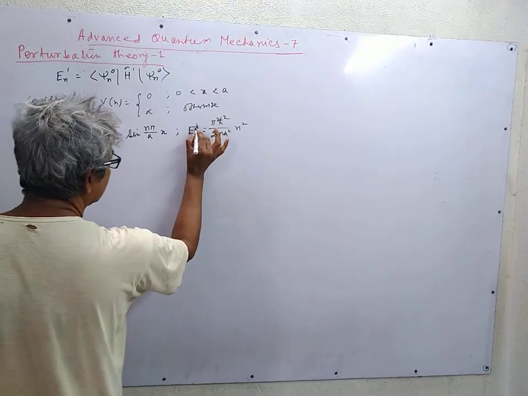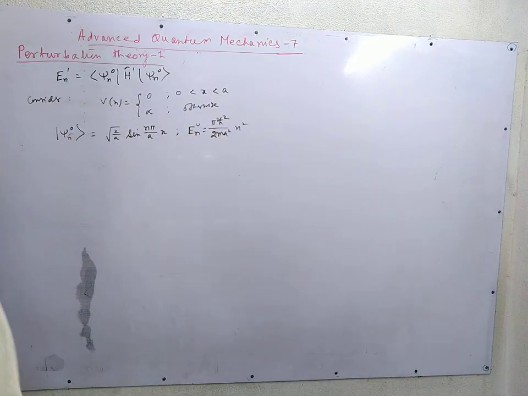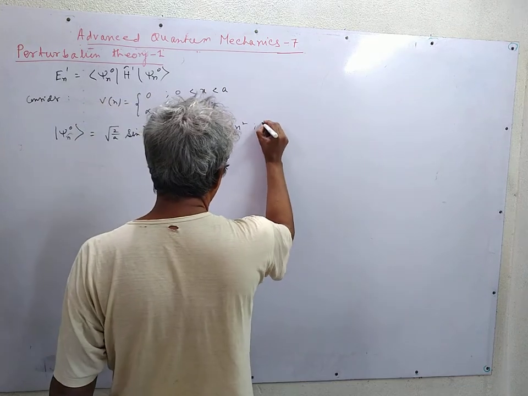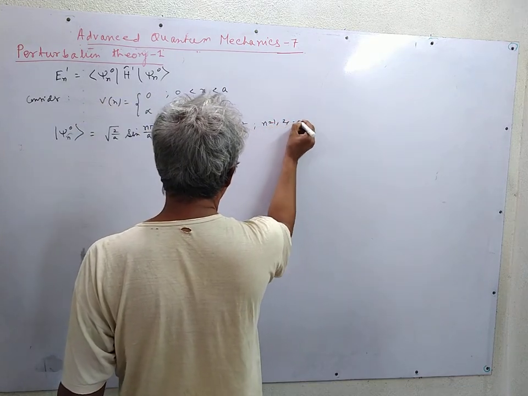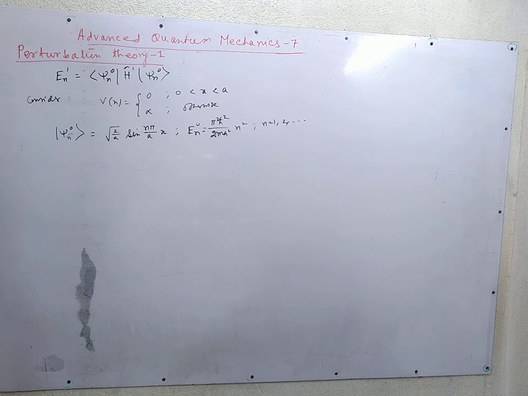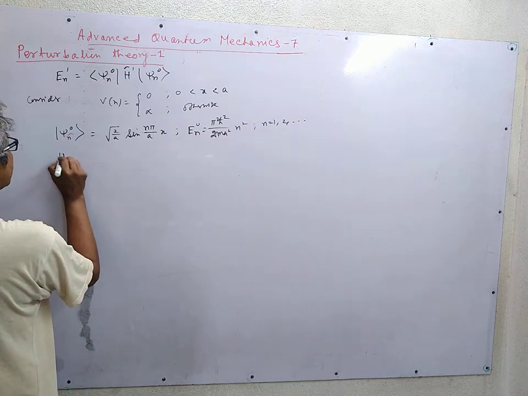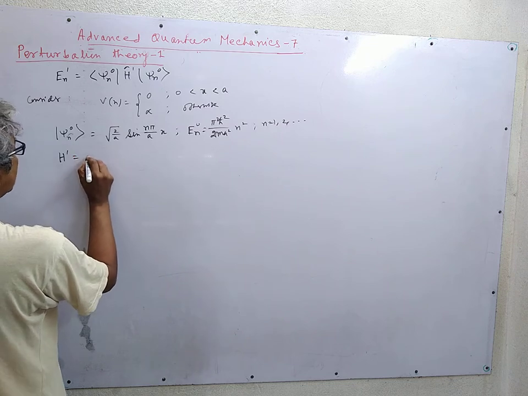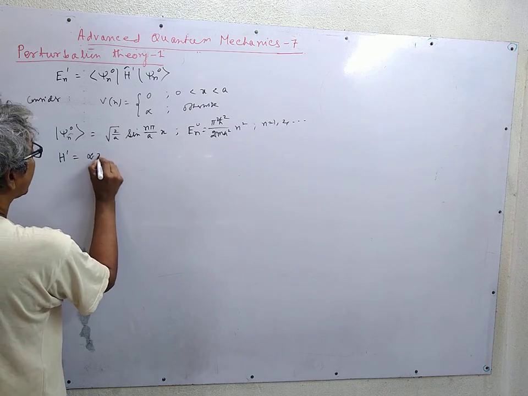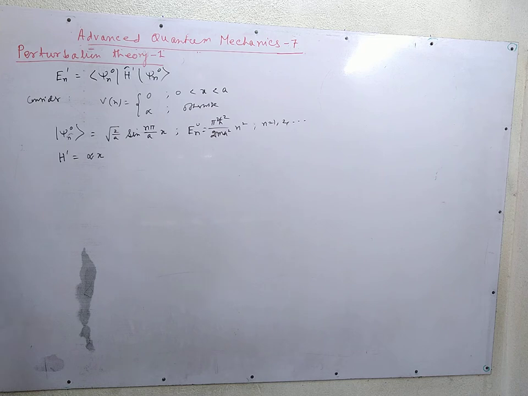This is psi n0, and n ranges from 1, 2 onwards; 0 is excluded. Let us consider the perturbation h prime is alpha x.